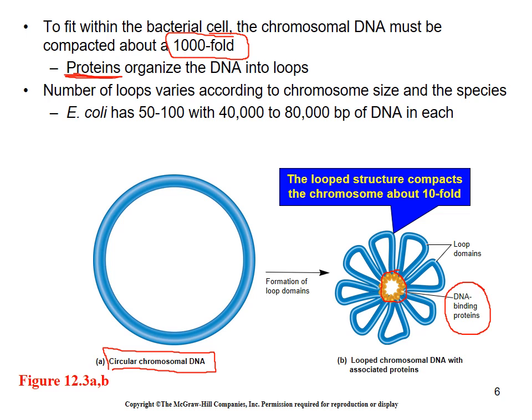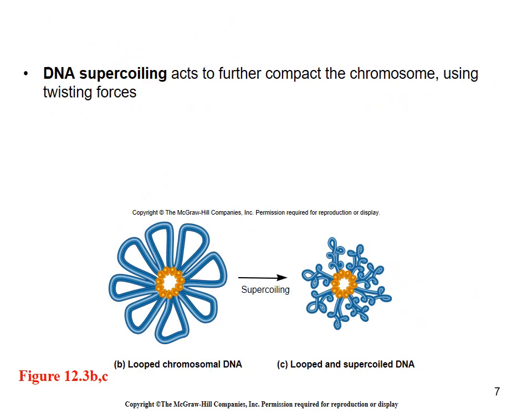So it's a nice amount that starts to dwindle down so that it can fit. But it's not enough. So what we see happening is that we're going to need additional coils. As these additional coils start to form, we're going to call them supercoils. DNA supercoils are going to generate lots of twist because of the force being exerted on them.